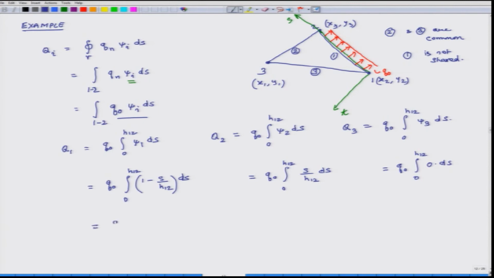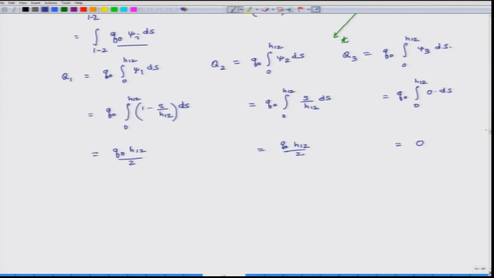So, I get q naught times the integral of this, and the integral of this is h12 by 2, and the integral of this is 0. Agreed? So, this is q1, this is q2, and this is q3.